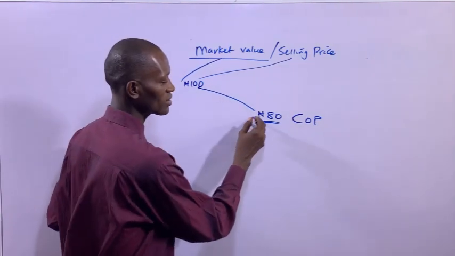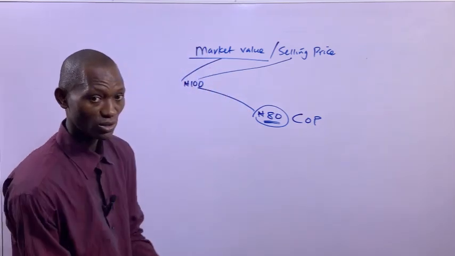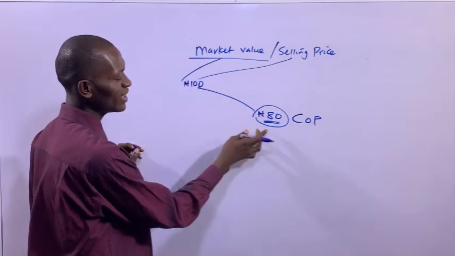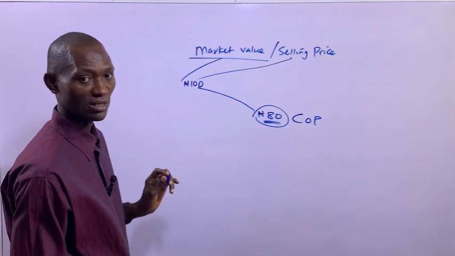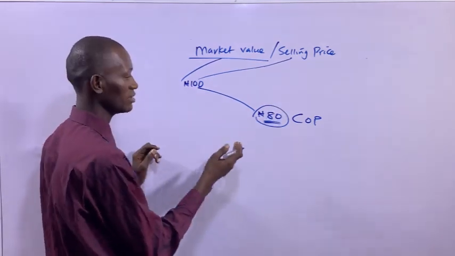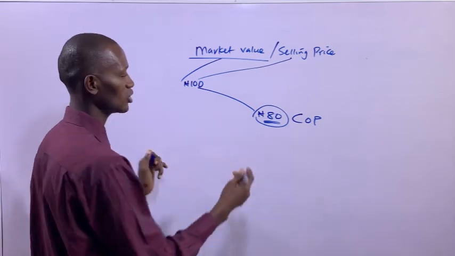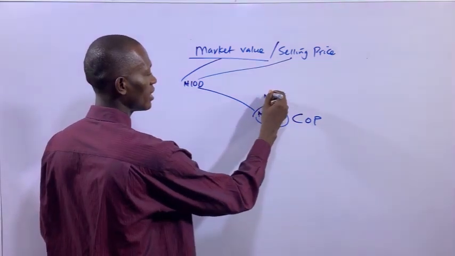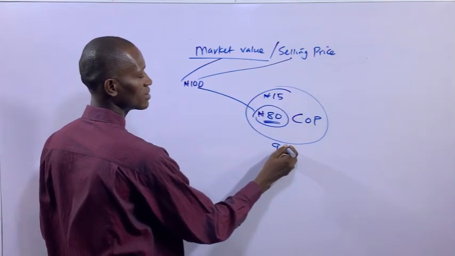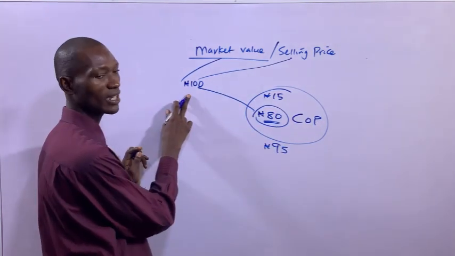Then we can decide to add our profit element of, let's say, maybe 20 naira, depending. But if we want to beat our competition, we may add 15 naira as our profit. Then our own market value will now be 95 naira. So we'll be able to beat our competitor.